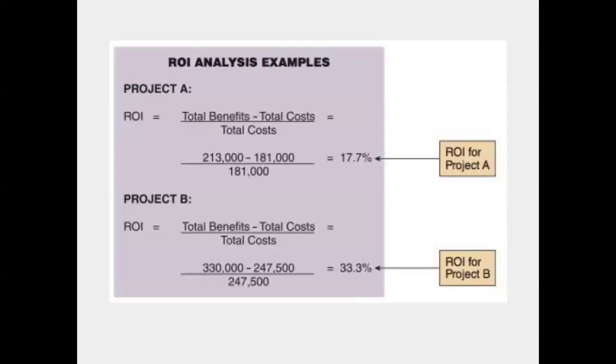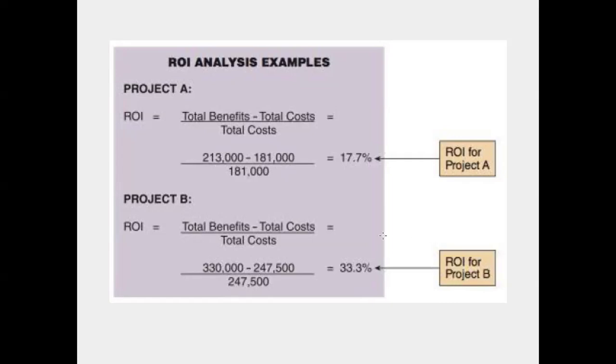Right. If you do this, you can notice that for project A it's about 17.7, and for project B it's around 33.3. So in that case, we can say you have more ROI for project B.